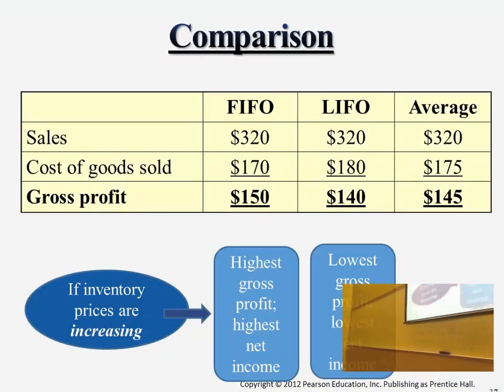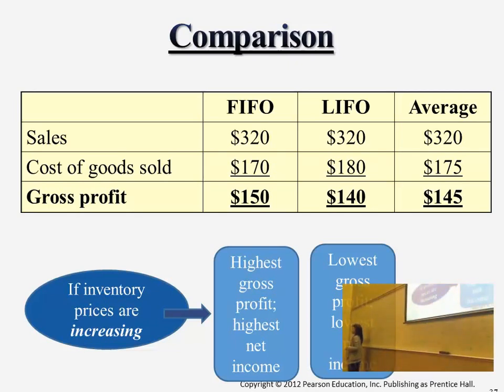Okay, so this is an example. If we're making sales using all three different costing methods, let's say the retail price is $3.20 for all three cases. If we use different methods, if we use cost of goods sold expense using FIFO method, you will see cost of goods sold expense is the least for FIFO and the highest for LIFO, because in the case of rising prices, LIFO always picks the highest cost first.